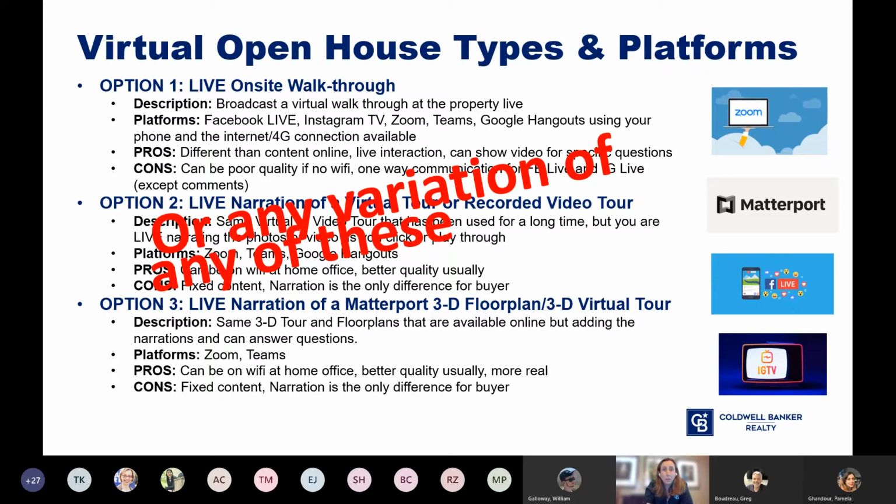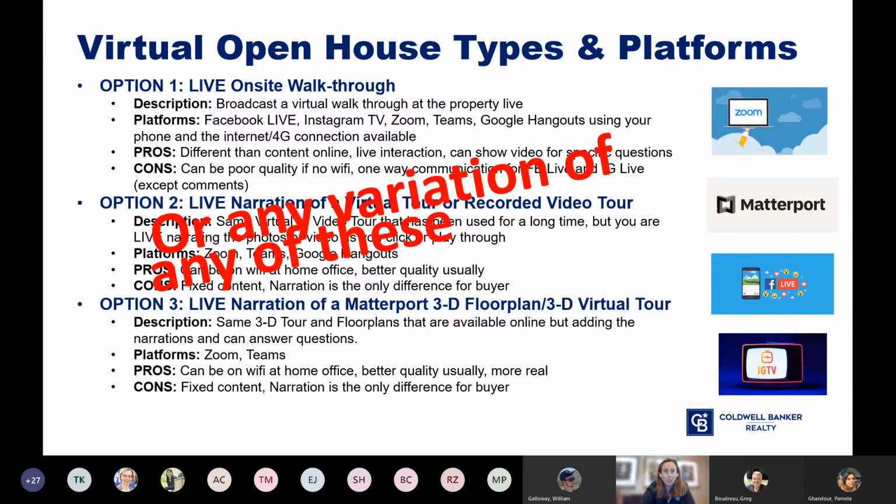We also have a third option, which is a Matterport, right? That 3D floor plan tour. And the nice thing about that is it does let you almost virtually walk through a property, and you can narrate with it. It feels a little bit more like you're there than if you just did a video or photos on a virtual tour. And I got a lot of comments yesterday on our virtual brokers tour that was everyone's favorite yesterday.